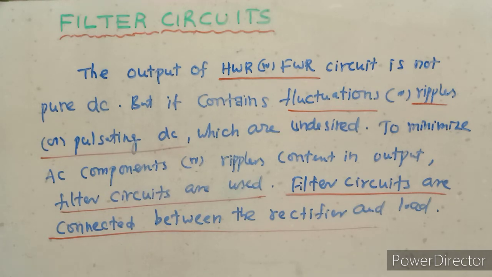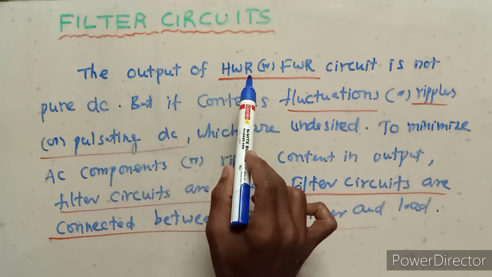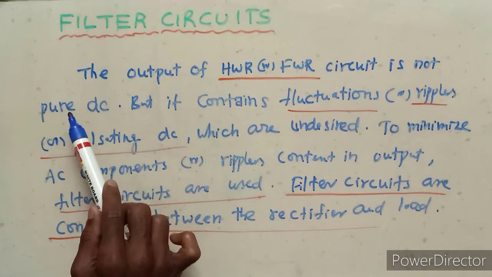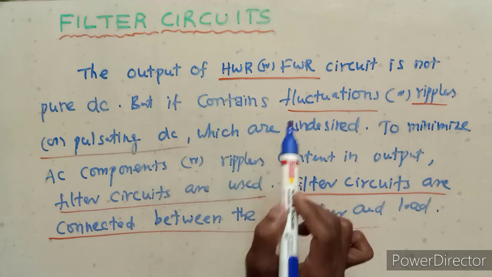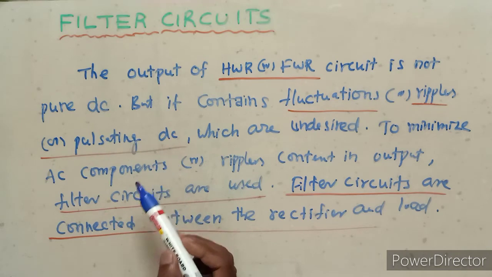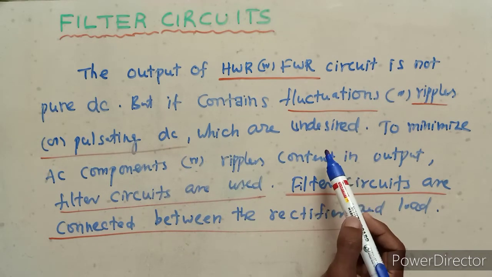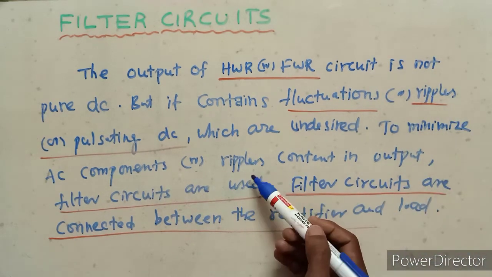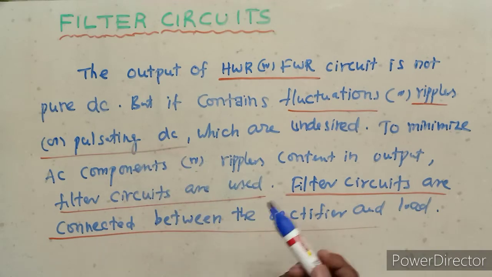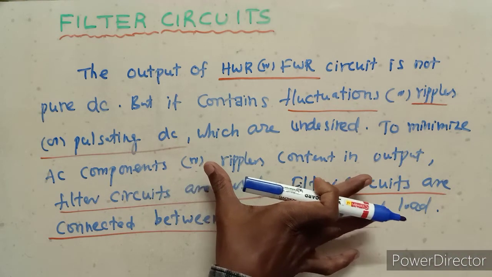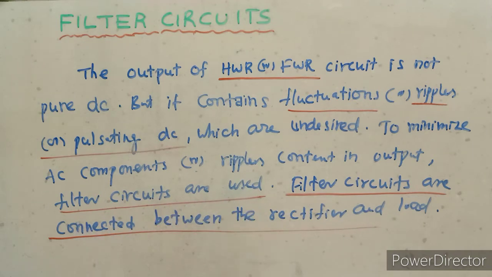So once again, the output of a half wave rectifier and full wave rectifier circuit is not pure DC, but it contains fluctuations or ripples or pulsating DC which are undesired. To minimize AC components or ripples or fluctuations in the output, filter circuits are used.